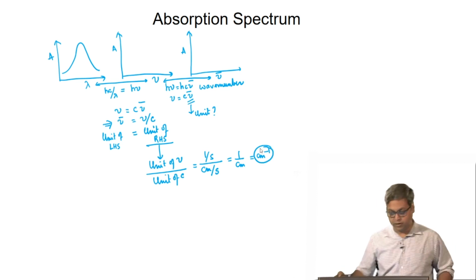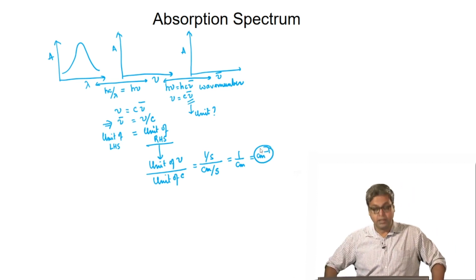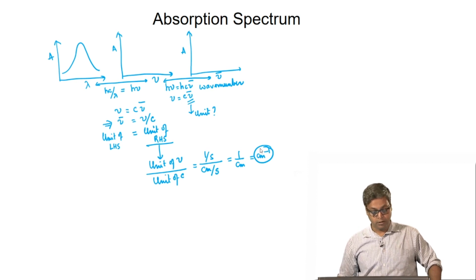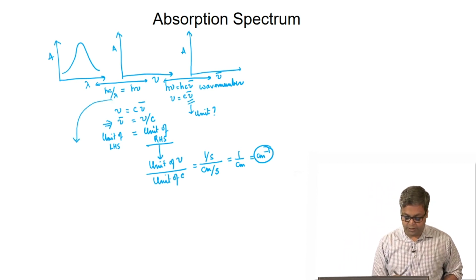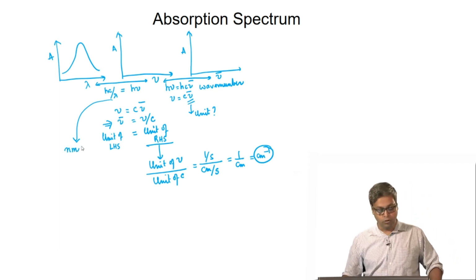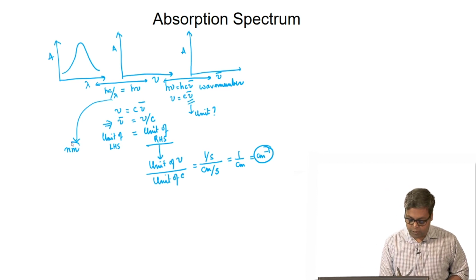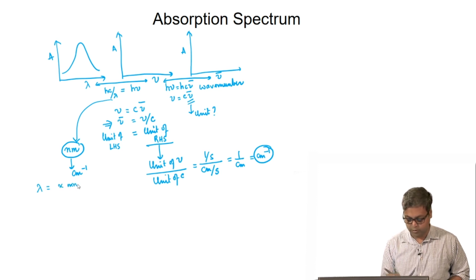So, centimeter inverse is the unit of nu bar, and lambda is normally represented in the unit of nanometer. So, let us look into the relation between nanometer and centimeter inverse. Let us say the wavelength lambda equals x nanometer.